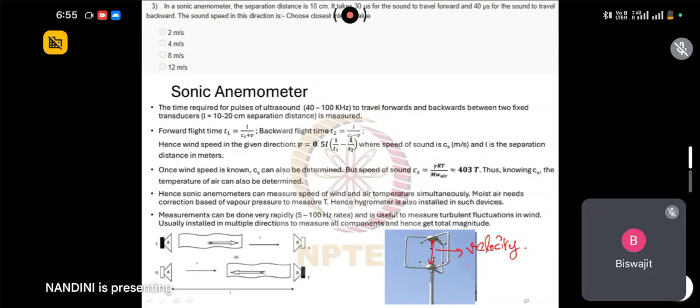The time required for pulses of ultrasound to travel forward and backward between two fixed transducers, which are separated by a length of 10 to 20 centimeter, is measured. The forward flight time is L by Cs plus V, and the backward flight time is L by Cs minus V, where L is the distance separating the two transducers, Cs is the velocity of the sound and V is the wind velocity.